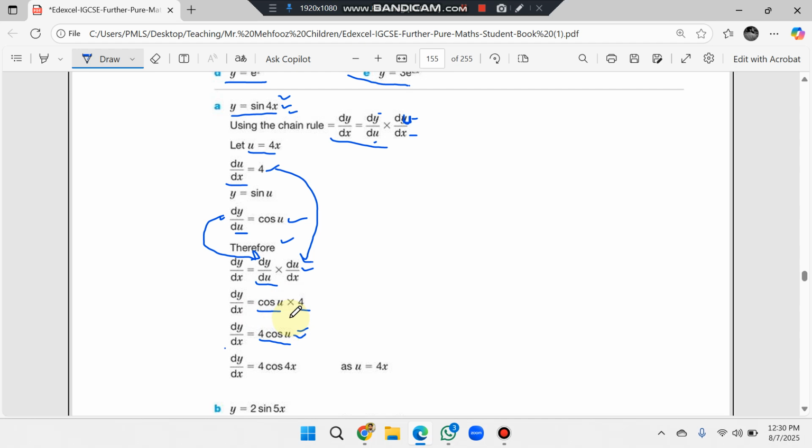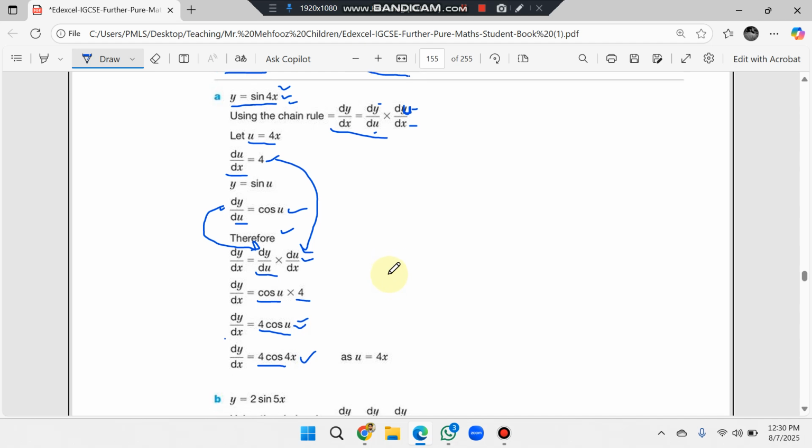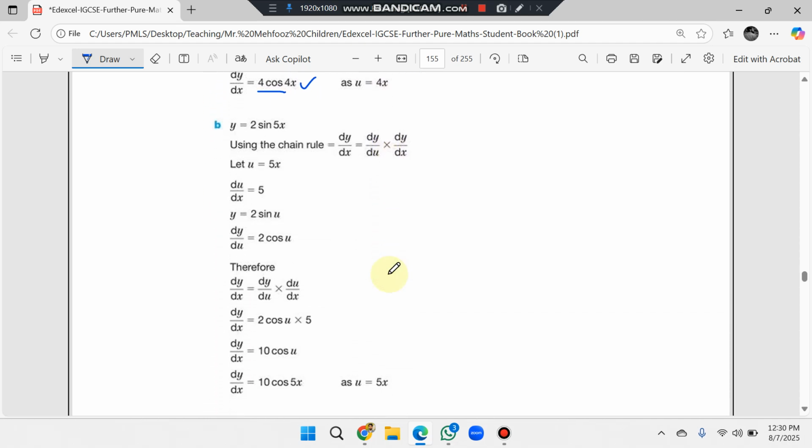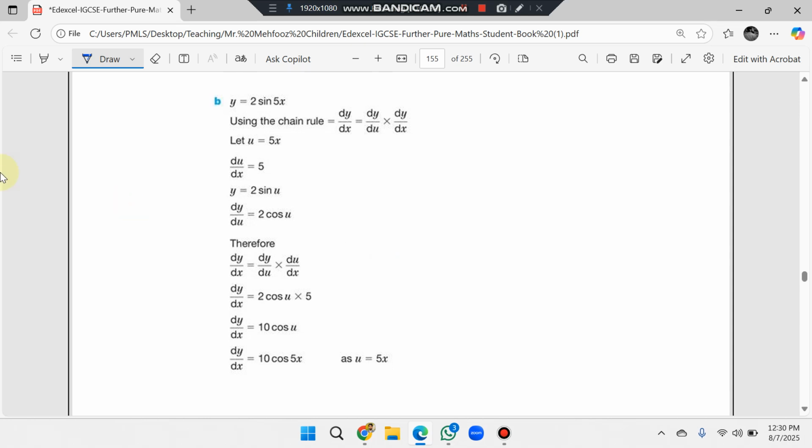That is 4x. So we put the value of u, because all variables on the right hand side are written in x, so it will become 4 cos 4x. So this is your solution. Do you understand the derivative of sine 4x? Yes.